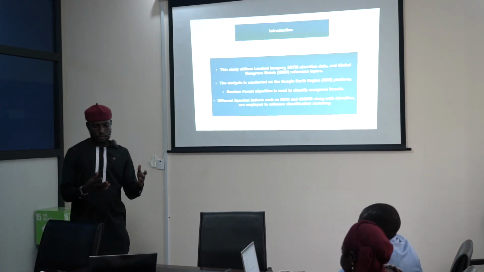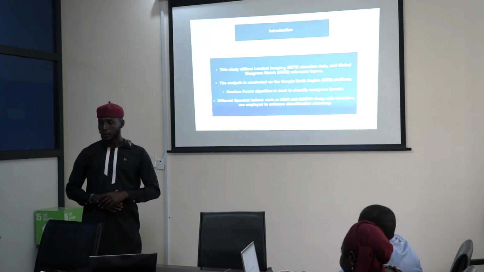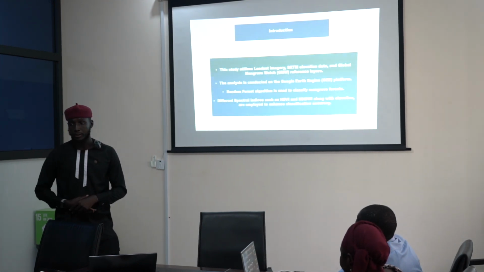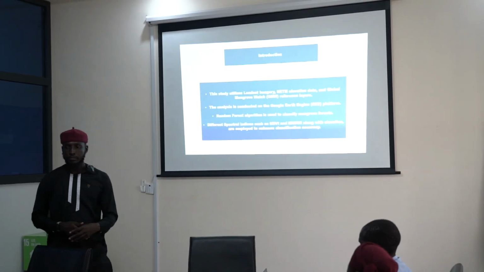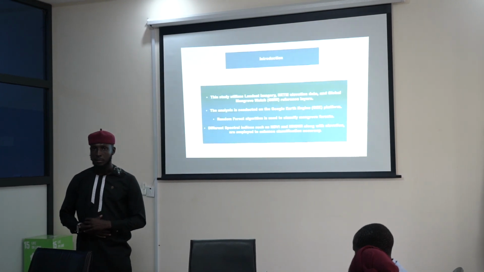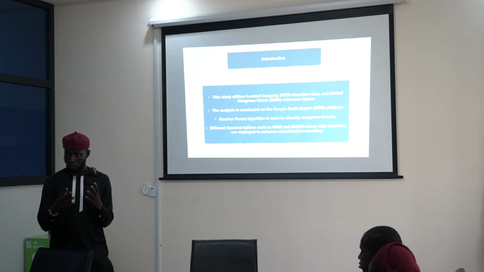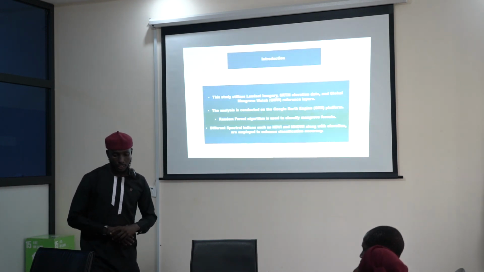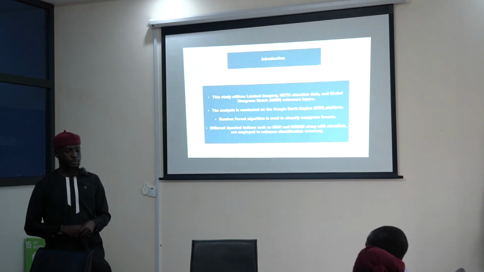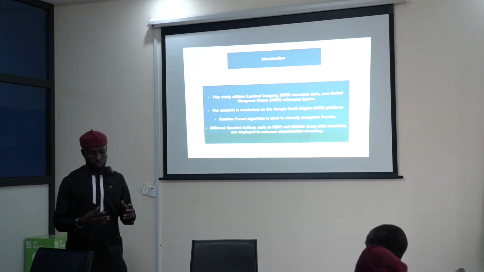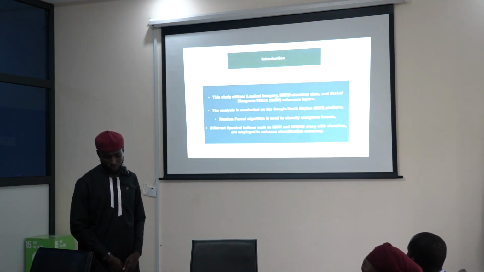Now, for the introductory part, we utilize Landsat imagery and also the Shuttle Radar for tropical mapping a lot, and it's important to capture it here to know some of the things it does. We look at the Global Mangrove Watch platform, reference layers, and different layers, and how it is applicable to the Gambia and what we want to achieve.